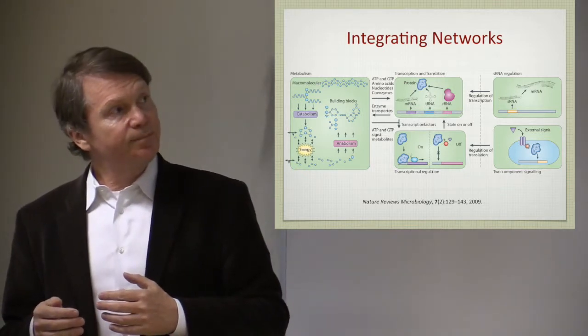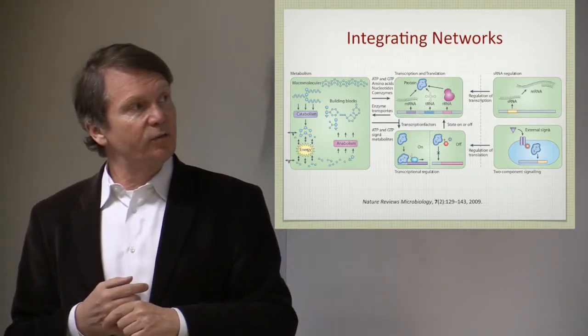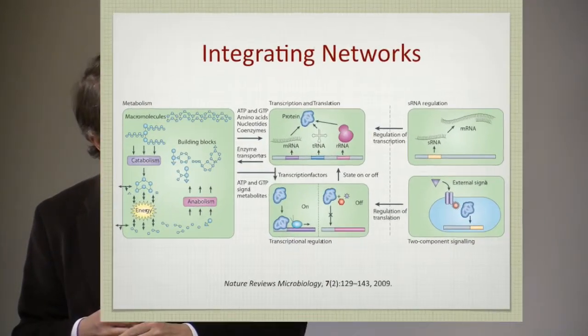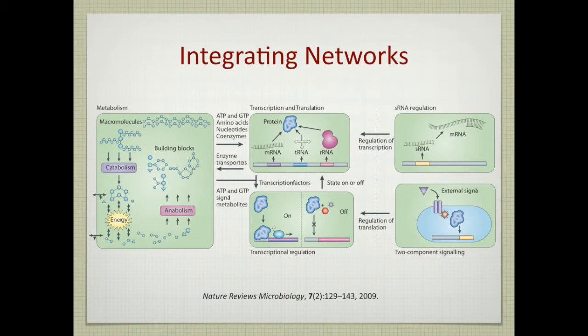So in this diagram, we see the metabolic network on the left, and to the bottom there we see, let's see, where we see transcription and translation. I guess that's the top panel there in the middle. But we haven't reconstructed yet the transcriptional regulatory networks or the signaling networks.